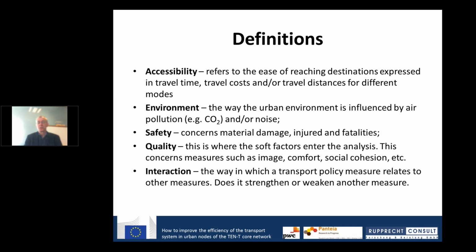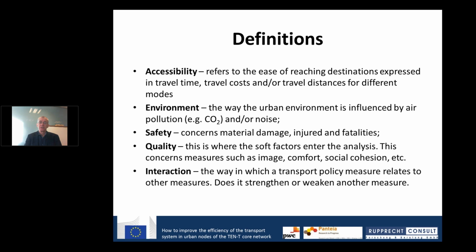Quality concerns the soft factors. That's where the soft factors enter the methodology, and this concerns measures like improving the image of a city, improving the comfort in public transport, the social cohesion of an urban node, barriers of infrastructure, etc. These objectives are often difficult or cannot be quantified.